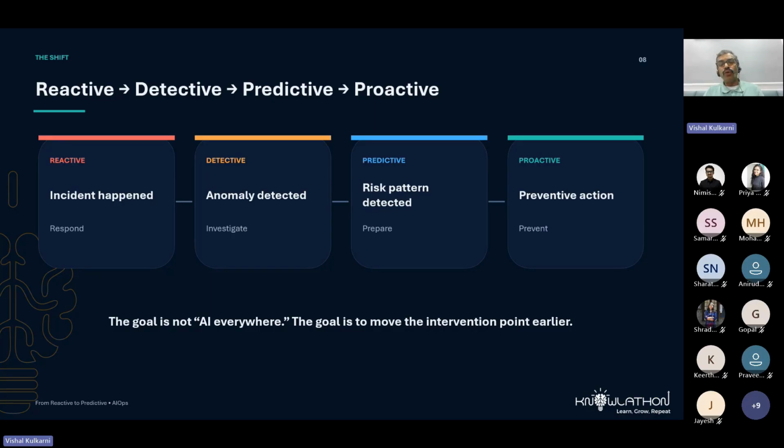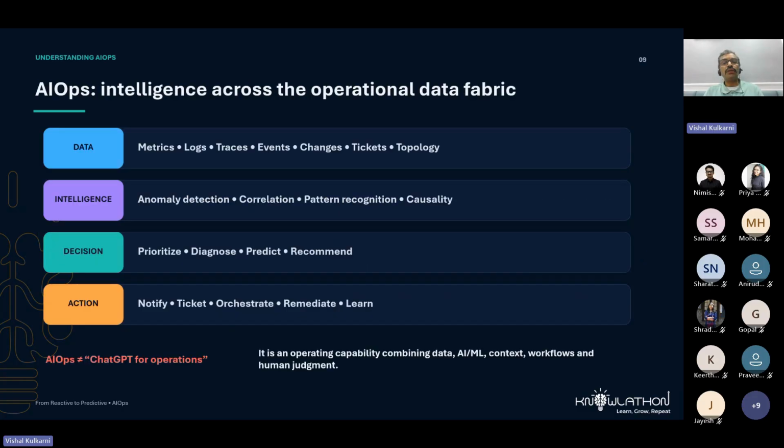Typically, as we move on, now let's define AIOps in practical terms, wherein we will start looking at some of the basic understanding that we need to have. AIOps: intelligence across the operational data fabric.